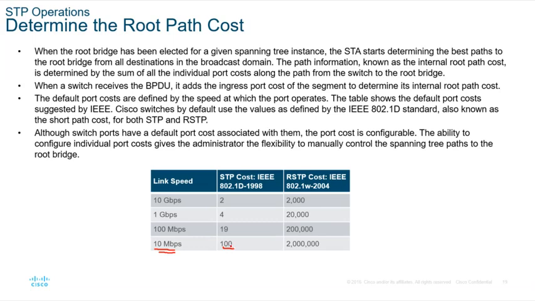Even if the switch is here, to this point, the speed is 10 MB per second, so the cost, the distance, is 100. Now, if you have Fast Ethernet on the other link, it supports 100 MB per second, so the cost is 19. So that link with 19, even if it goes to the other corner while this one is just close, the 100-cost route is not going to be used.